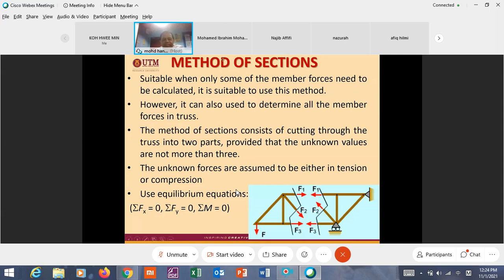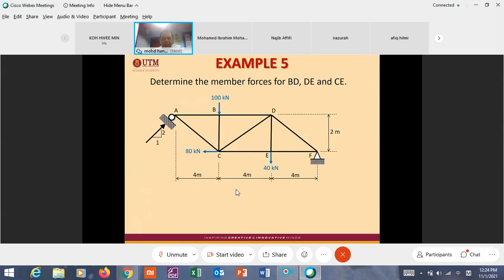But in the section method, we use a rigid body diagram here, Fx = 0, Fy = 0, and M = 0, similar to what we have done in calculating the external force reactions. The whole diagram, but in this case we cut into 2. For example, here.